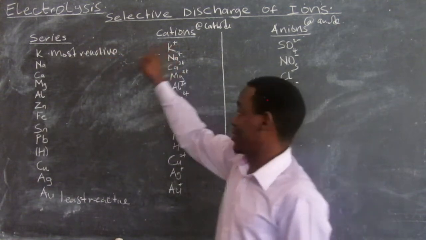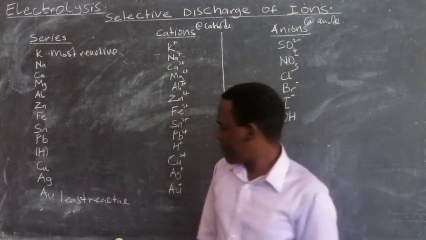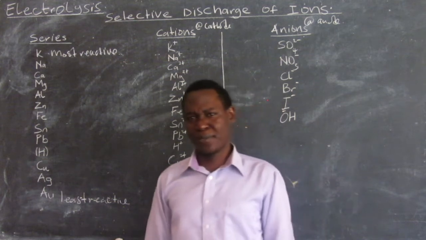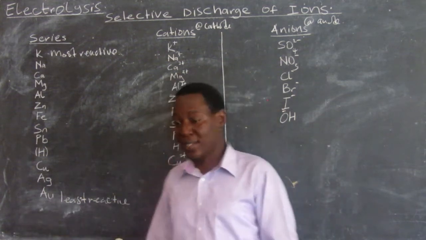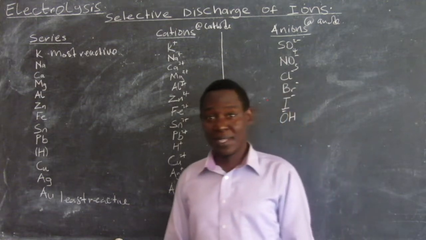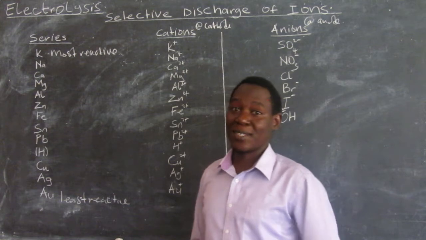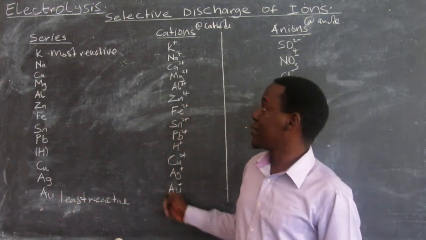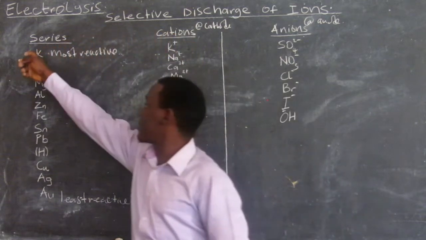Because it is most reactive, it can't stay there alone without reacting. But this element here, the least one, is less reactive. It finds it more comfortable to be in an atom state than in an ion state, so it takes long for it to react. Whereas the most reactive is more comfortable in the ion state than in the atom state.